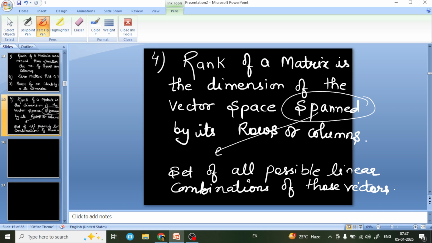A span of a set of vectors is the collection of all vectors which can be obtained by taking linear combinations of those vectors.